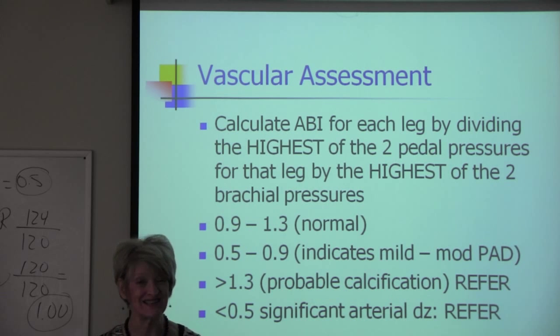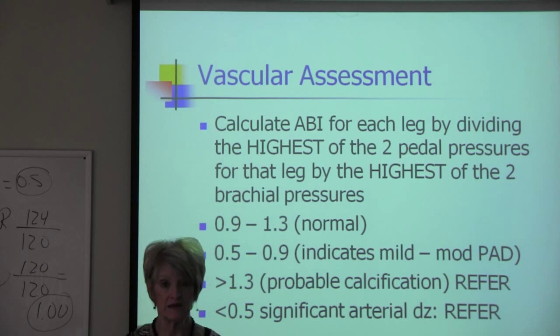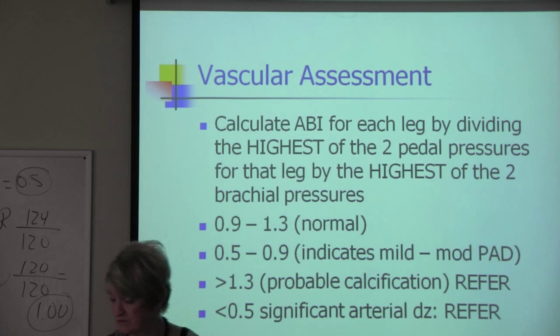So ABI is basically a screening test. It tells you they're in normal range, or they have evidence of mild to moderate disease. We need to watch them, and they probably need to be worked up. If it's less than 0.5 or greater than 1.3, they need an urgent referral.